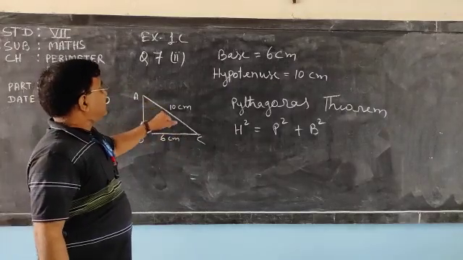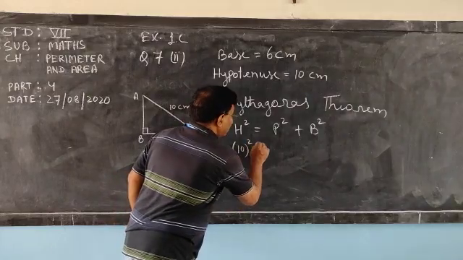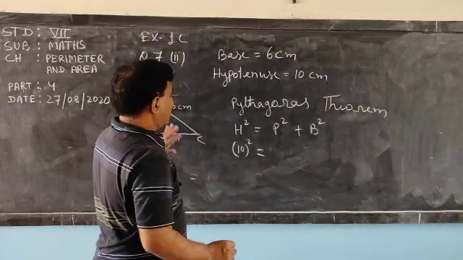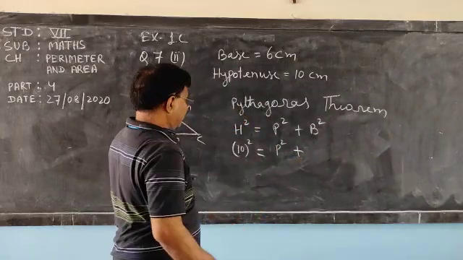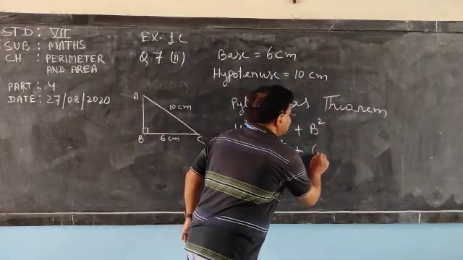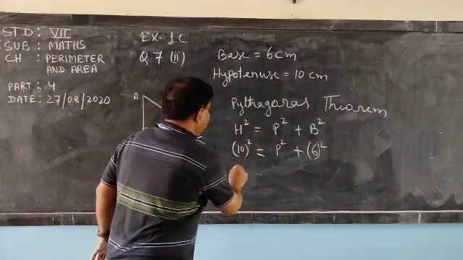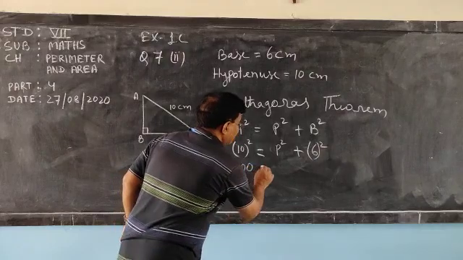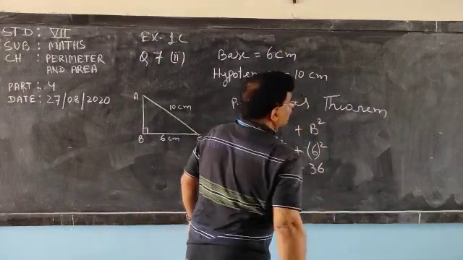Our hypotenuse is 10, so let me write here 10 square. Perpendicular is not given, let me write p square, and base is 6 square. Leave p square here. 10 square means 100, equals p square plus 36.